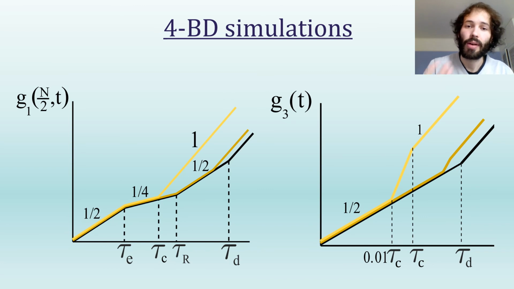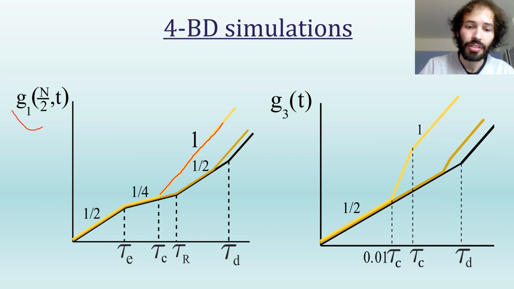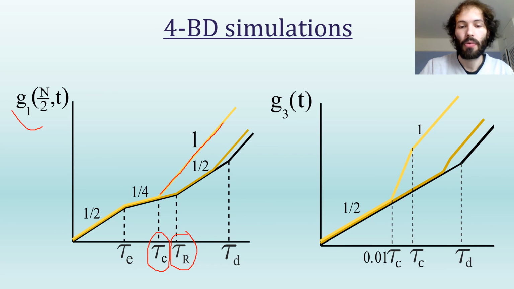Here we can summarize the results of the mean square displacement of the central bead and the mean square displacement of the center of mass. In G1, we see how the last Fickian regime, this diffusive regime, can be reached even before tau Rouse, with the only condition that the drift governs and tau c must be smaller than tau Rouse.